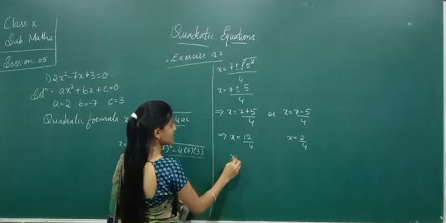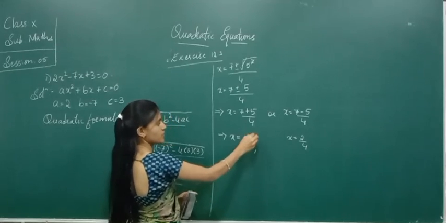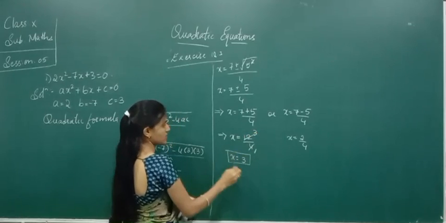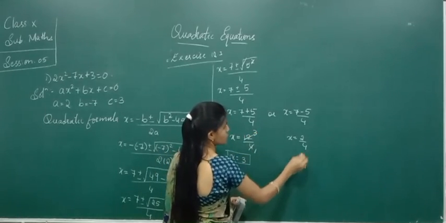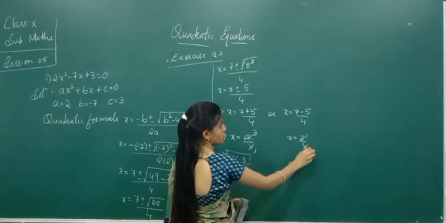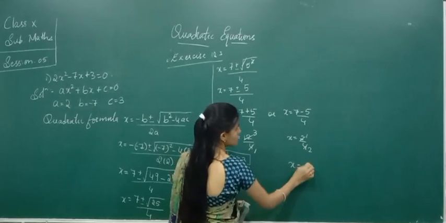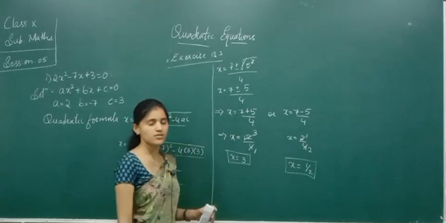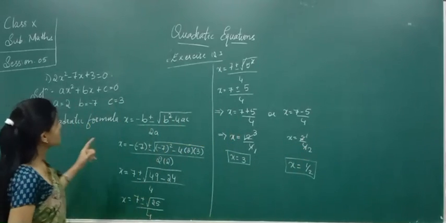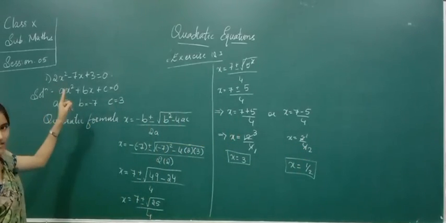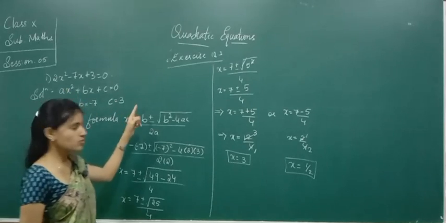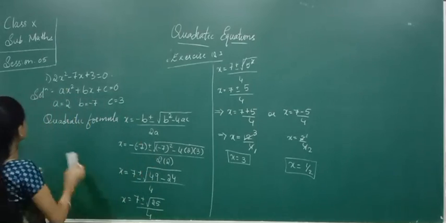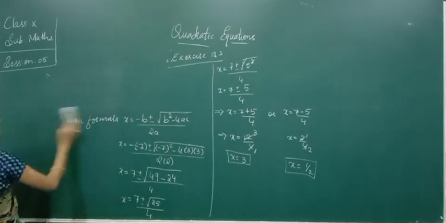How we can write this? 4 ones are 4, 4 threes are 12. It means x is equals to 3, or x is equals to 2 ones are 2, 2 twos are 4. X is equals to 1 by 2. These are going to be the roots of this quadratic equation. We have found out the roots by which method? By quadratic formula. Let us solve one more problem.